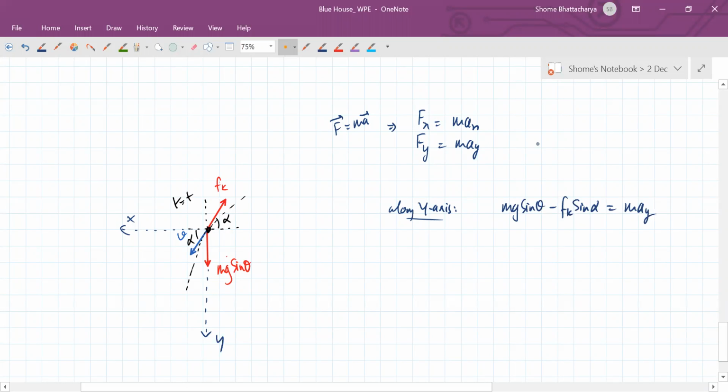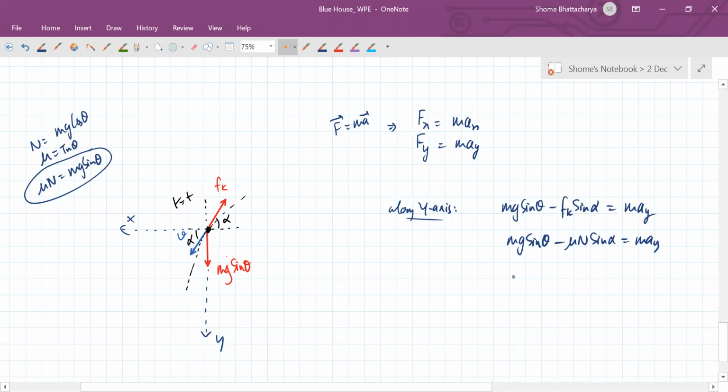Okay. Now remember, of course, kinetic friction itself is equal to mu N. We know from before that the normal reaction is mg cos theta and mu is tan theta. Therefore, mu N is equal to mg sine theta.